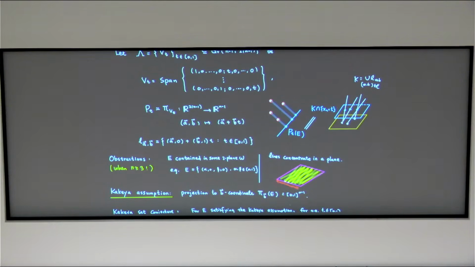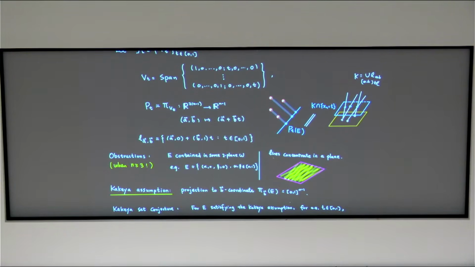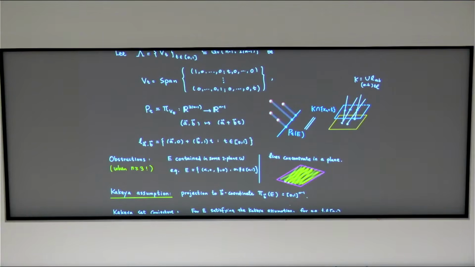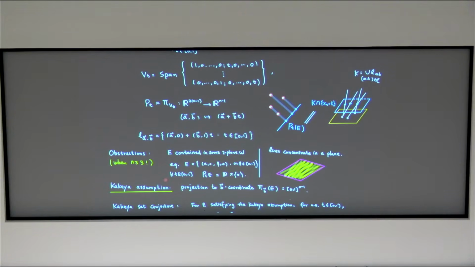For the union of lines problem, the obstruction is when the lines are concentrated in a plane, and this can be translated to E contained in some two-plane W. For example, when E is this set, equal to alpha, 0 and beta, 0, then E here has dimension 2, but for any t, PT of E is just R times a point, which has dimension 1.